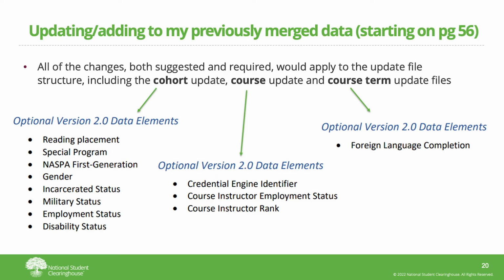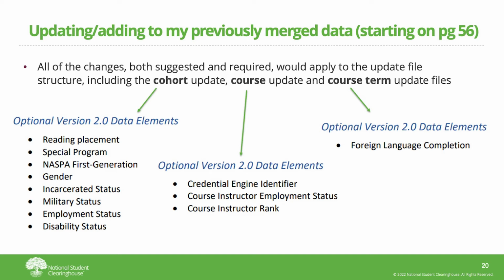The data that you're trying to update might drive which file you're going to do. If you're trying to update information about the cohort for that student, you would go through the cohort update. If it's course, which would be those three of the four that I talked about, the credential engine identifier, course instructor employment status, and course instructor rank, you would go through the course update.